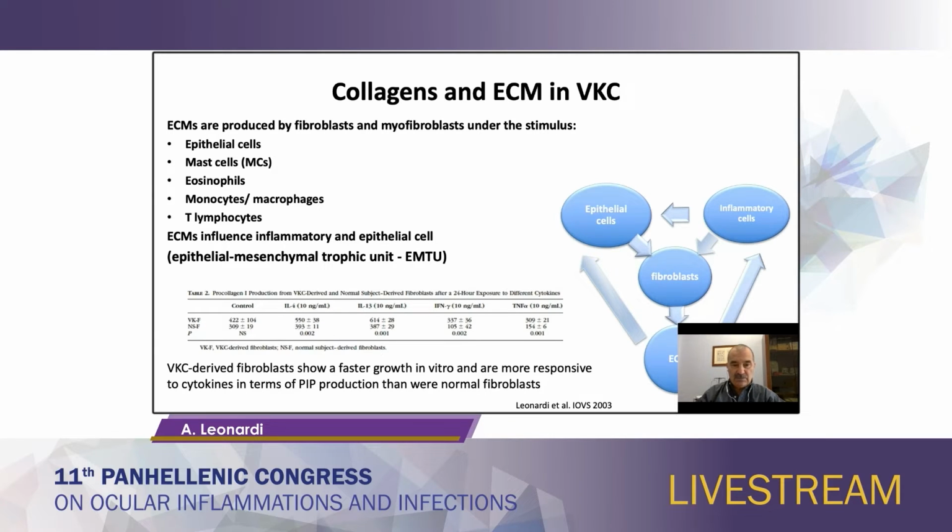the physiological processes. We know that the fibroblasts derived from VKC patients show a faster growth in vitro and are more responsive to cytokines in terms of collagen production compared to normal fibroblasts. So it means that there might be some intrinsic factor that might stimulate the faster growth of these cells in vitro.